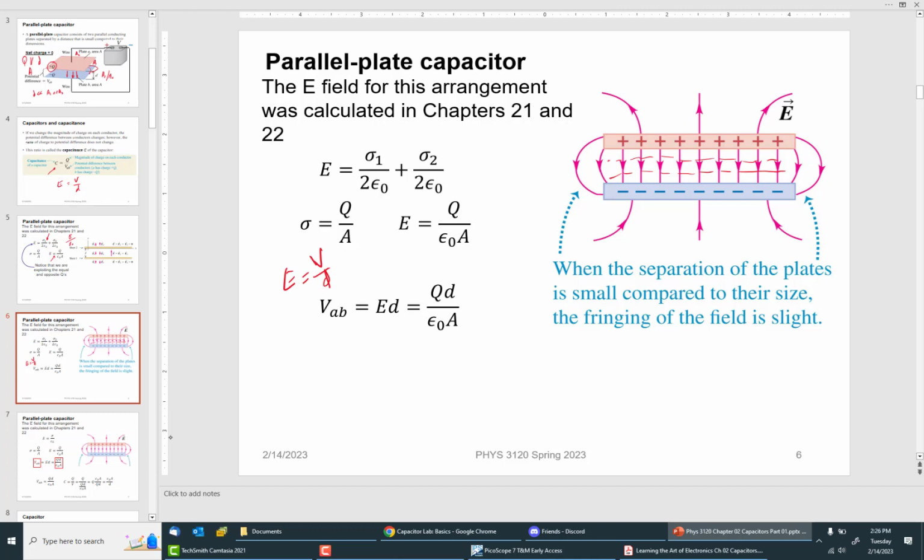Does that sound familiar to everybody? Okay. You initially learn E fields from Coulomb's law, equals KQ1Q2 over R squared, and the units are newtons per meter.